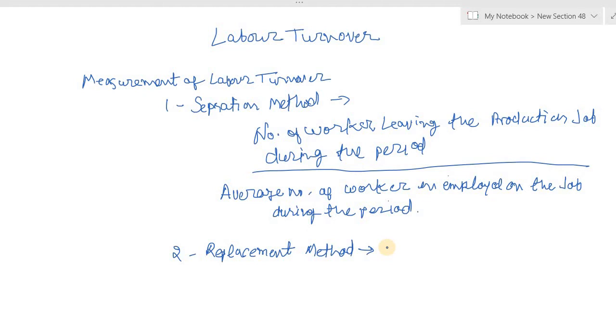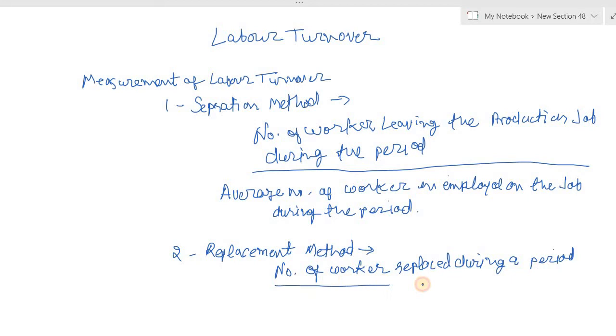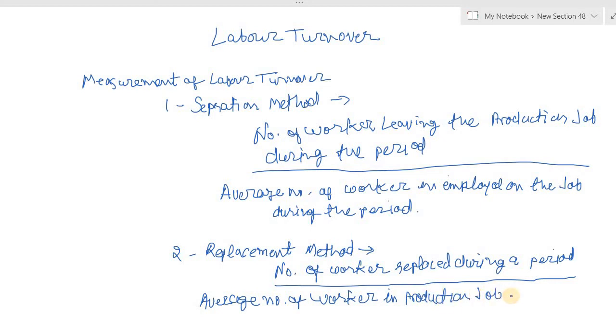Under this method, net actual labor turnover rate is calculated using the following formula, and the formula is number of workers replaced during a period upon average number of workers in production job during the period.